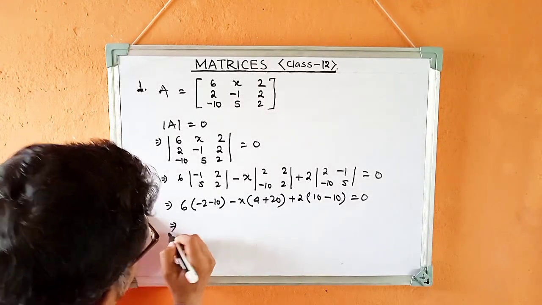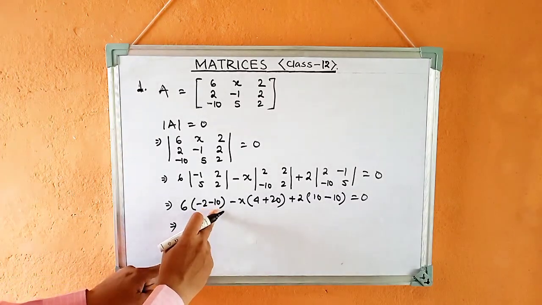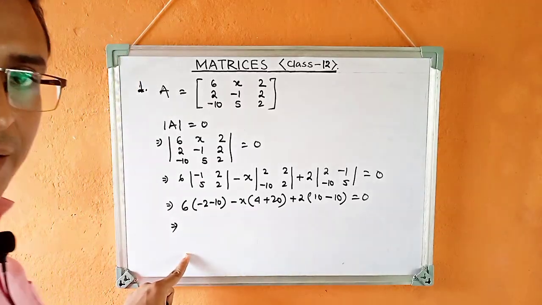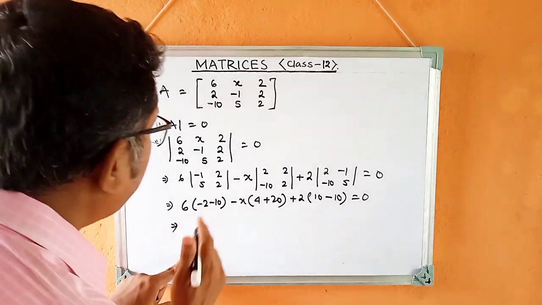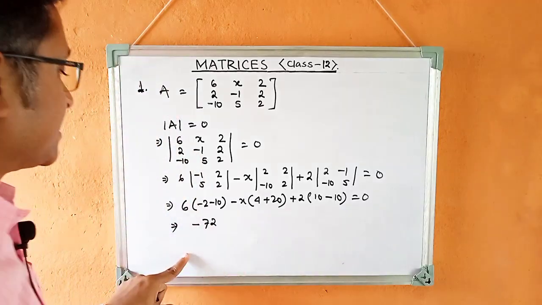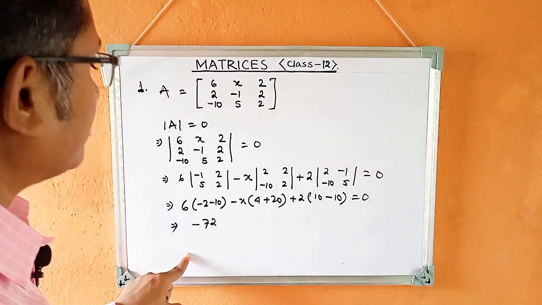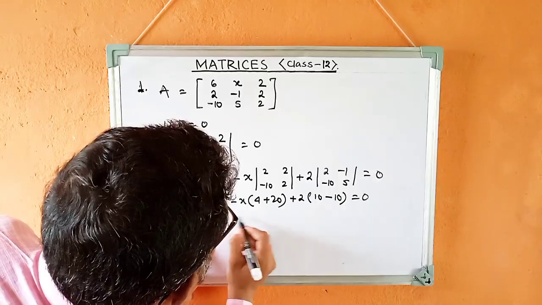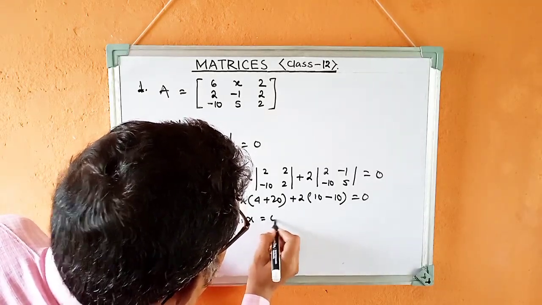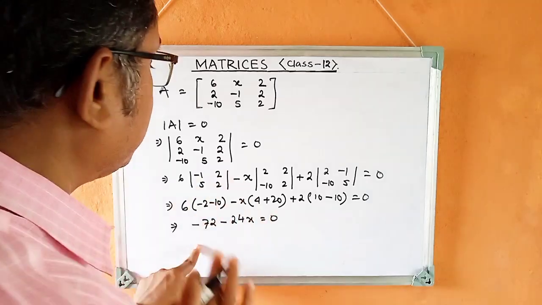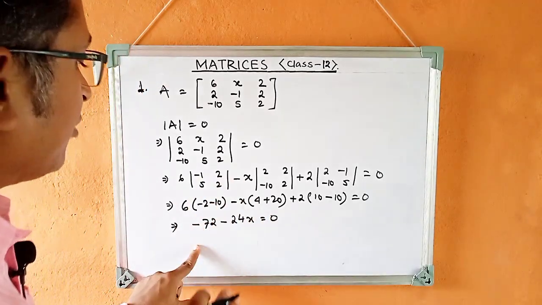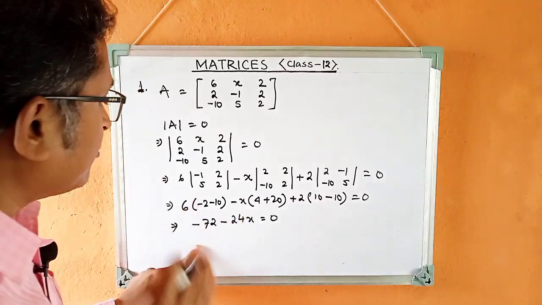Here minus 2 minus 10 is minus 12. So 6 into minus 12 is minus 72, and minus x into 24 is minus 24x. Then 10 minus 10 is equal to 0. So minus 72 minus 24x is equal to 0.